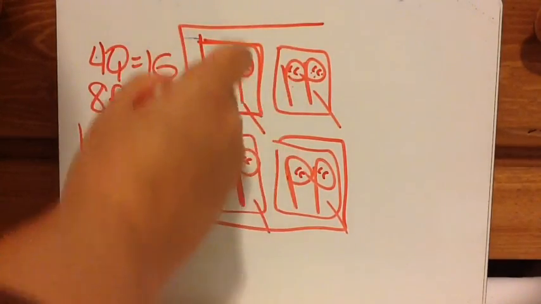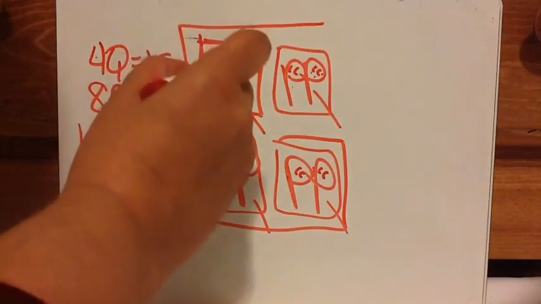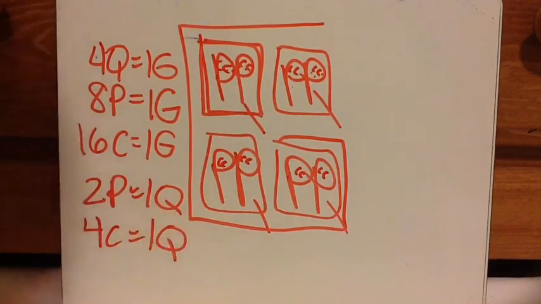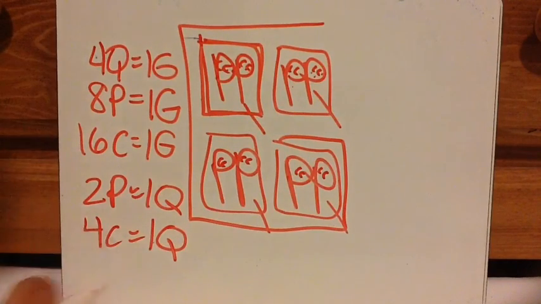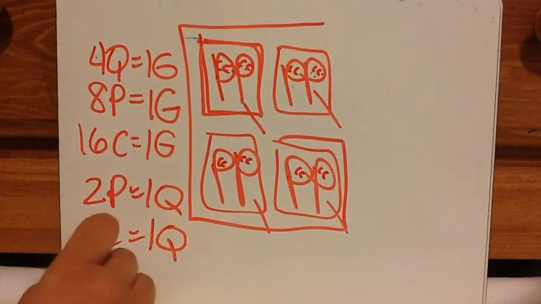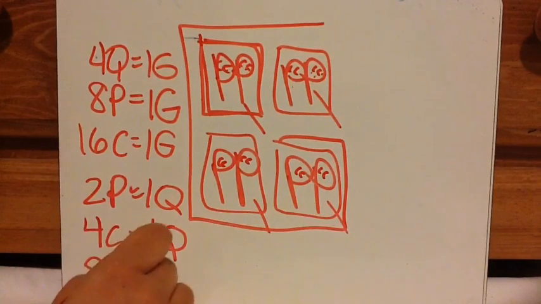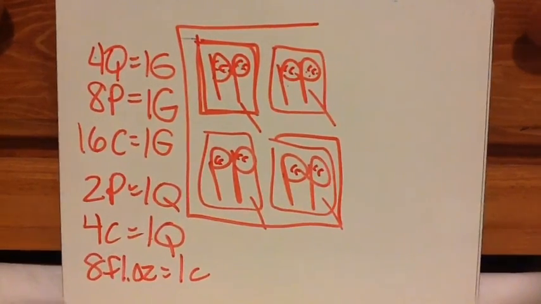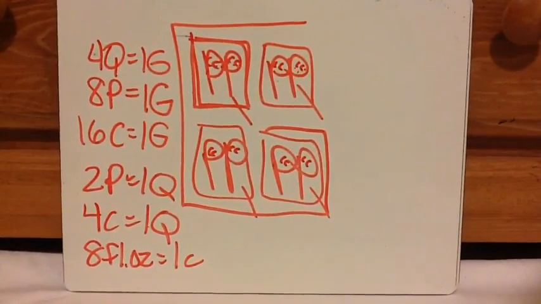Here's a quart right here, so 2 pints. There's also 1, 2, 3, 4 cups in 1 quart, okay? And there is 8 fluid ounces in 1 cup. If you have this information, you can pretty much solve any question.